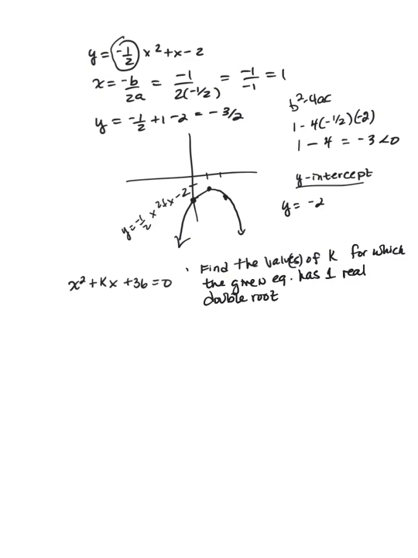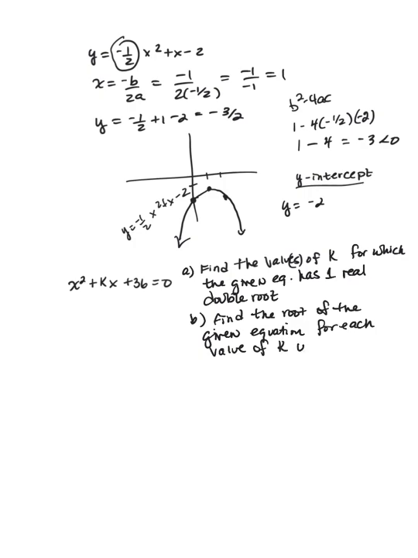Okay, that's part A. Part B, find the root of the given equation for each value of k you found in part A.